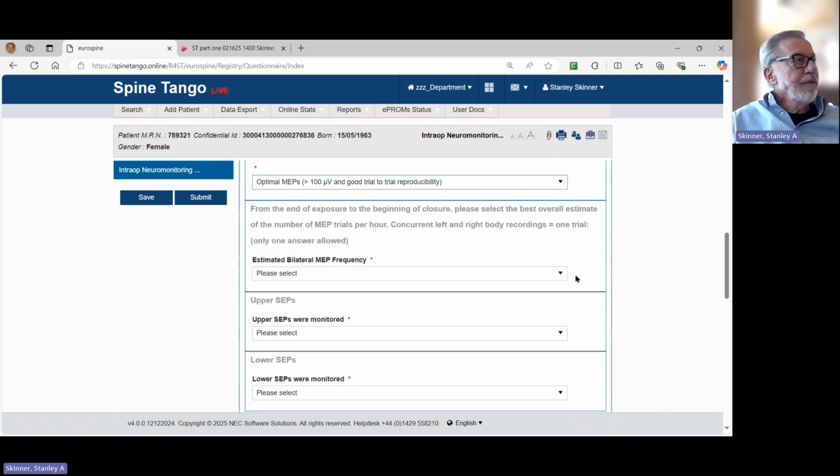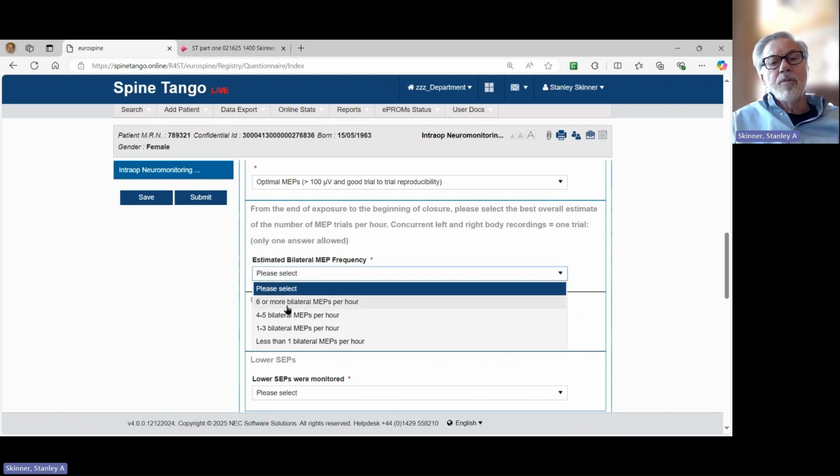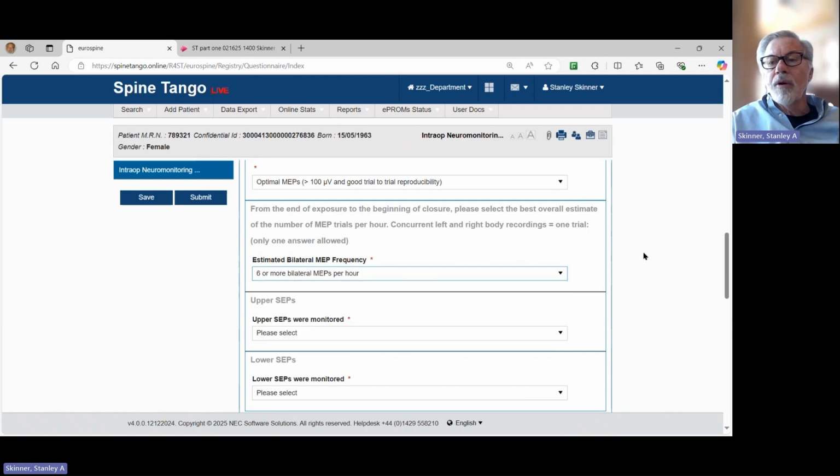Next is an estimate of the frequency of MEPs between the time of end of exposure to the closure of the case. The options are 6 or more bilateral MEPs per hour, meaning a left and right MEP counts as one bilateral MEP. We're going to say 6 or more per hour.